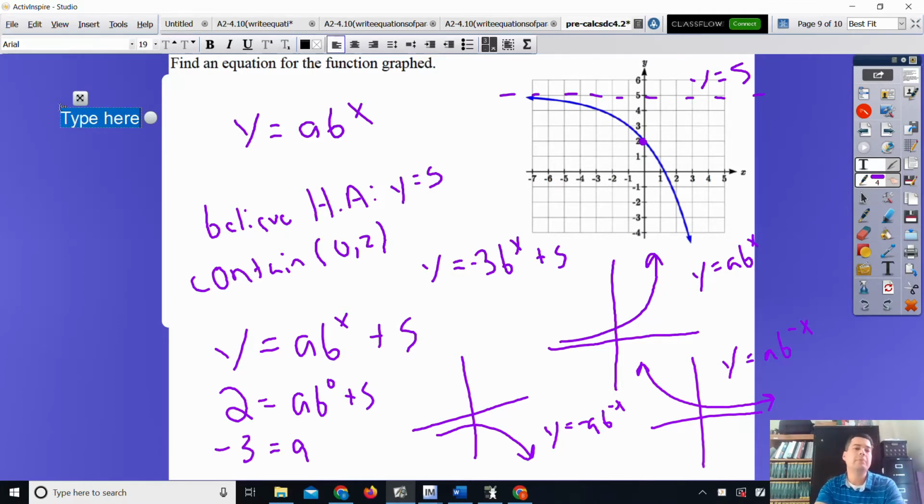So we have to contain the point 0 and a plus c. We also contain the point 1 and then ab plus c. The 0 and a plus c is taken care of because our a value was negative 3, right? Negative 3 plus 5, doesn't it give us the 2? There's this point 1, ab plus c.